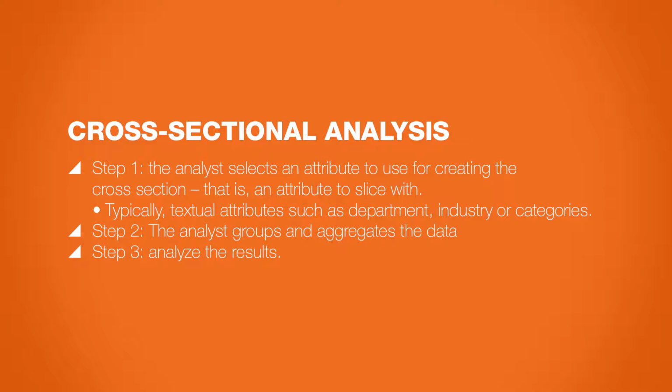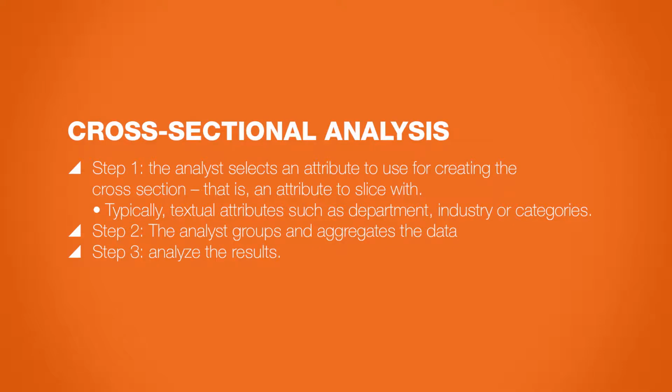Cross-sectional analysis involves 3 steps. First, the analyst selects an attribute to use for creating the cross-section. That is, an attribute to slice with. Typically, textual attributes such as department, industry, or category make good cross-sectional attributes.